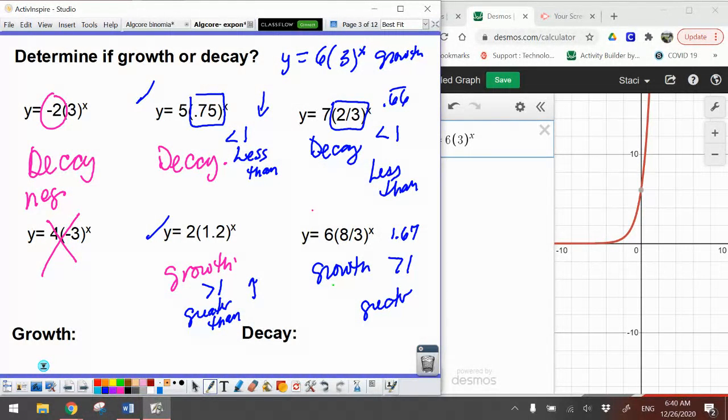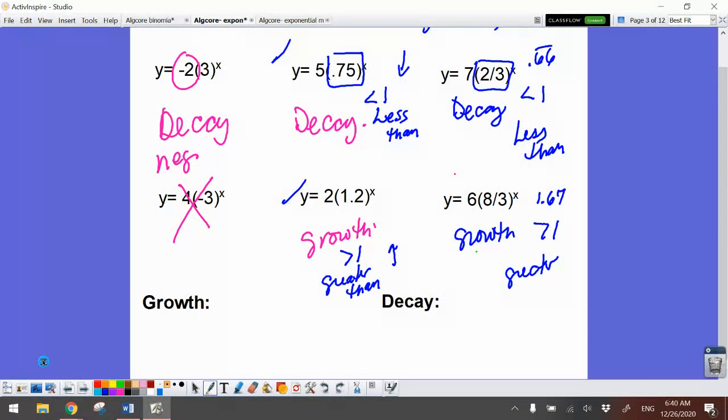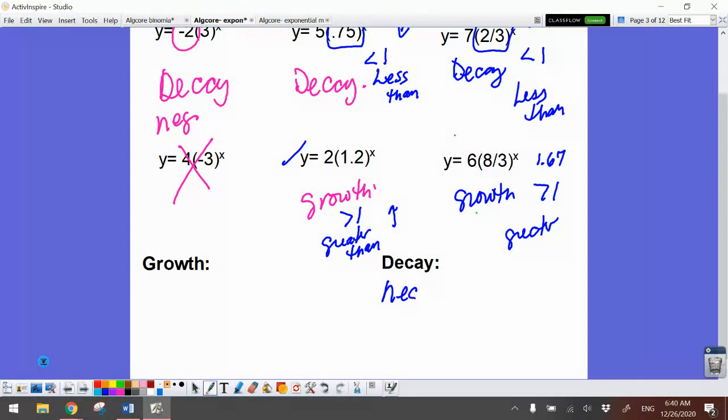Well, first of all, the first thing that I see that's going to be important is that a decay either has a negative number as the a, so the first term, or I see that the b, which is in the parentheses, is less than 1. So it's either a decimal or a fraction that's less than 1.